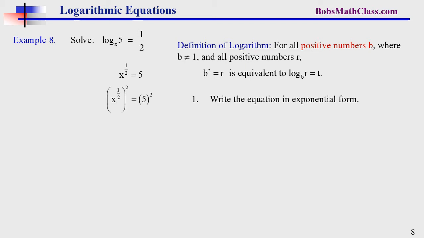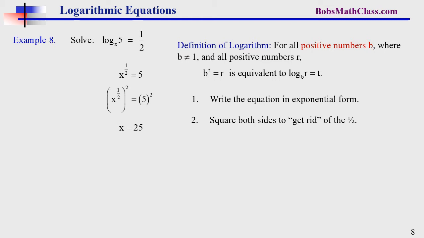Well, we could go right to squaring both sides, because there's a rule, x to the a raised to the power b is equal to x to the ab. So if you multiply 2 times 1/2, what do you get? You get x. The 2 times 1/2 is just 1.